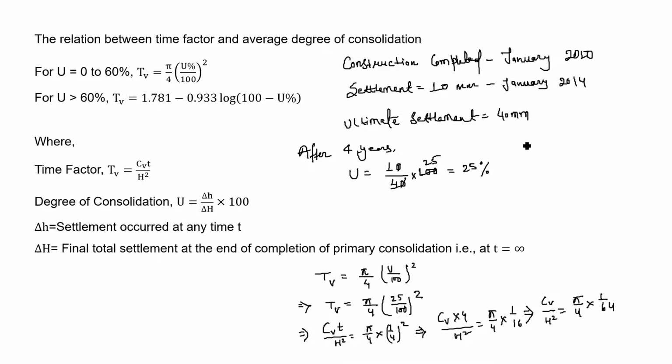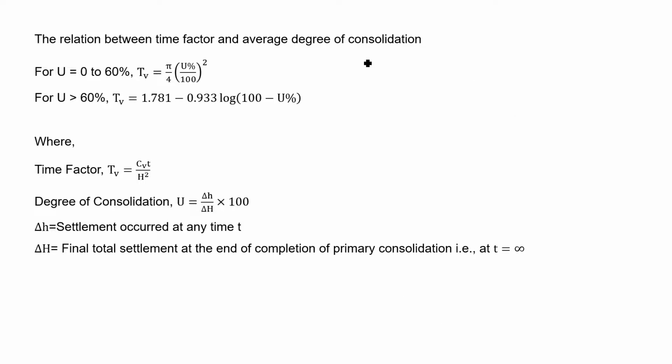Now for the second part, that is in January 2019, Tv is equal to Cv t by H square. Now we don't know whether the degree of consolidation is below 60% or greater than 60%.